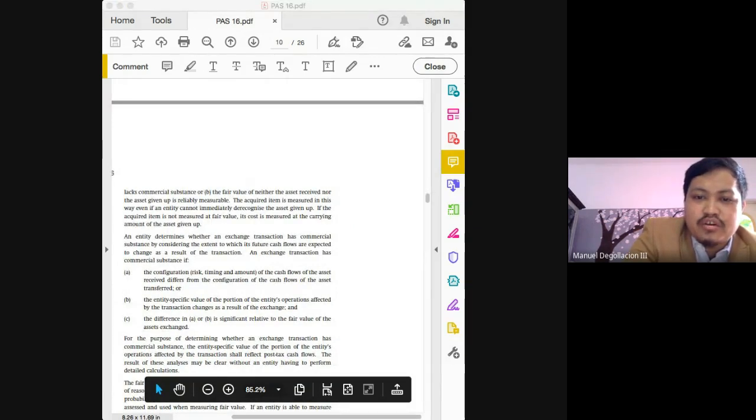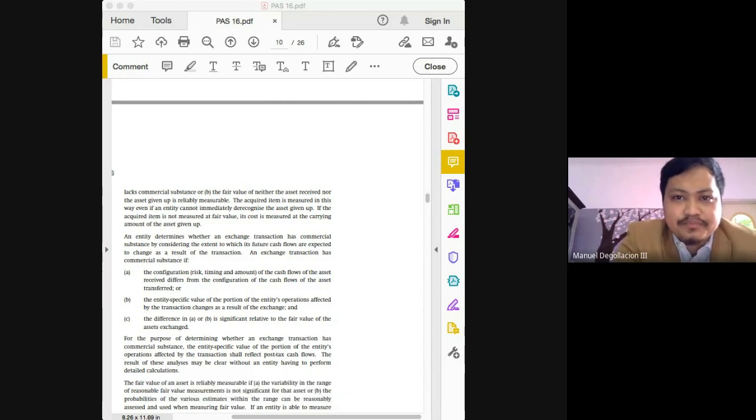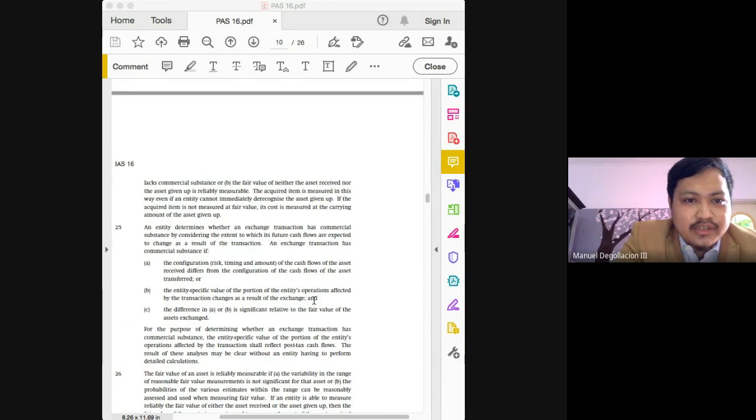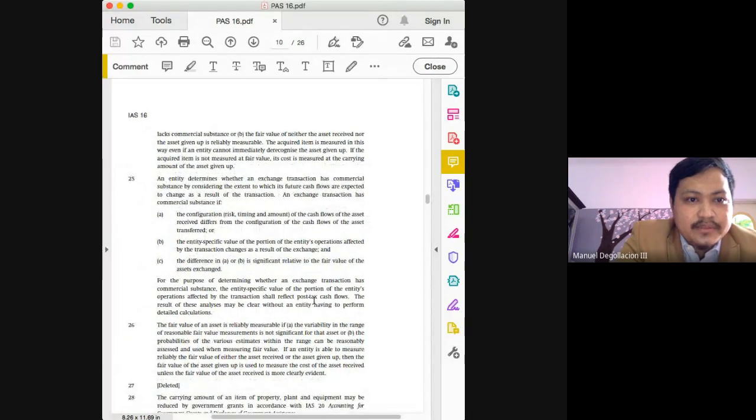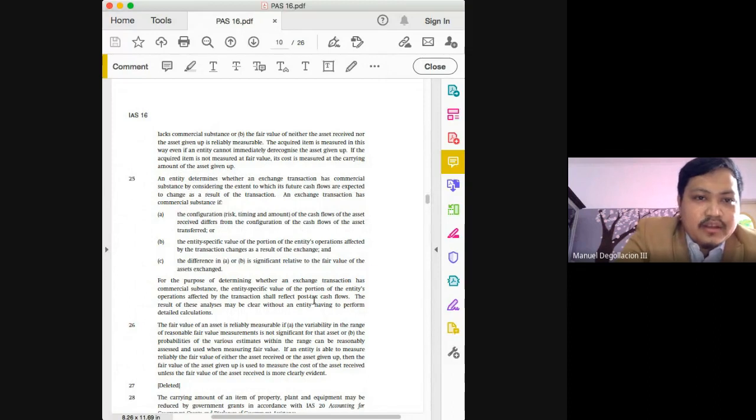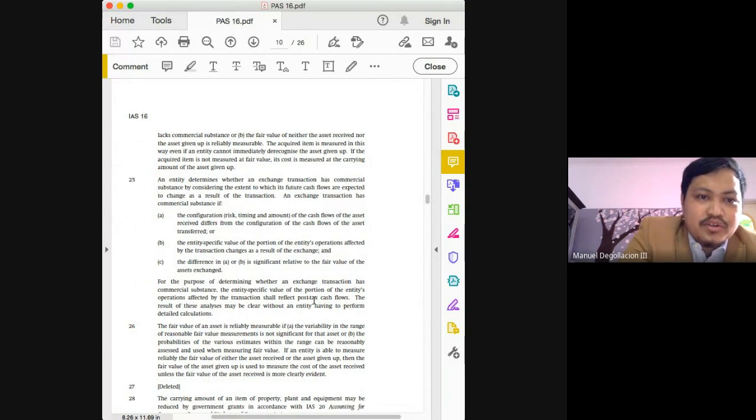Having learned that, class, the next question you should ask would be: when then does a transaction lack commercial substance? And paragraph 25 helps us. If it will not result in a significant change in the cash flows of the entity, then that means it lacks commercial substance. So paragraph 25 would be a good source for a multiple choice question.